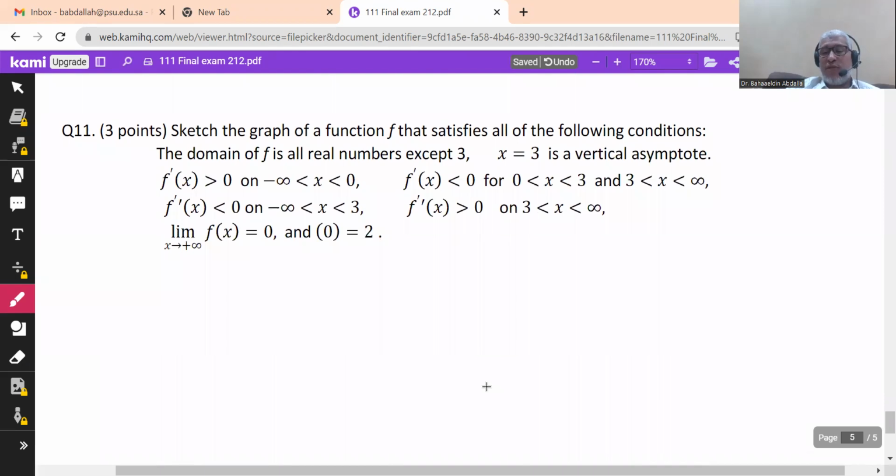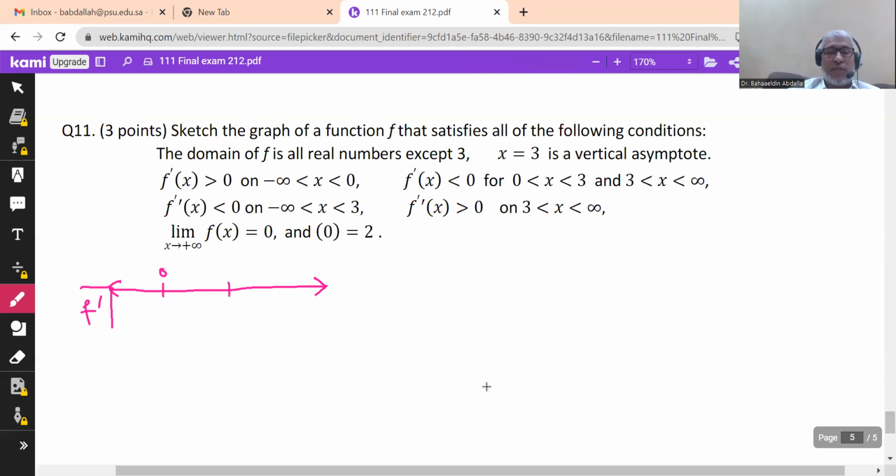The last question: sketch the graph of a function that satisfies all of the following conditions. I have some information about f prime, the signs of f prime. So in fact, I can make a table of signs for f prime here. From negative infinity to 0, 0 to 3, 3 to infinity.